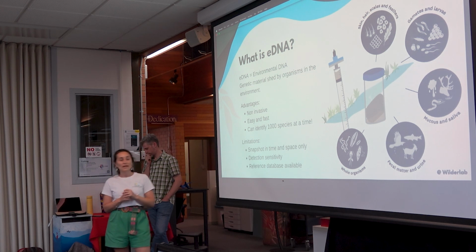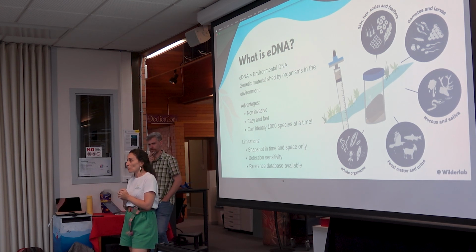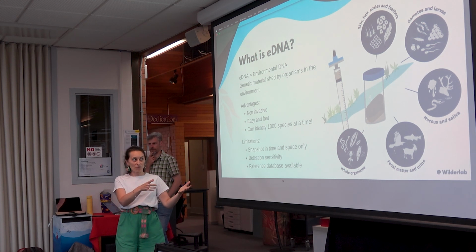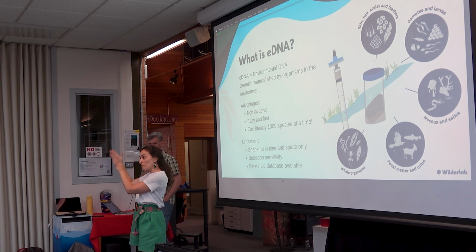And it also depends on the reference database that is available. All the genetic material that is analyzed by the company is compared with a reference database. Whatever is in the database, we can detect in the sample. But not all animals and plants are currently in a database.